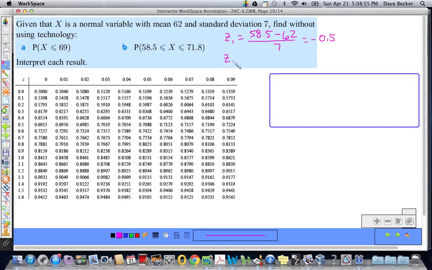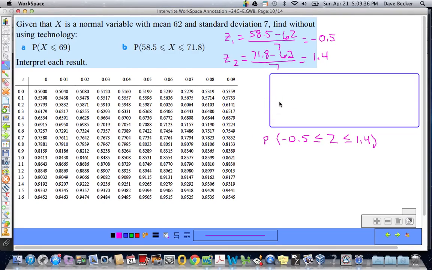And then Z2 is equal to 71.8 minus 62 over 7, which is equal to 1.4. Okay, so now this changes to the probability that negative 0.5 is less than or equal to z is less than or equal to 1.4, which means we can use our handy dandy table now.